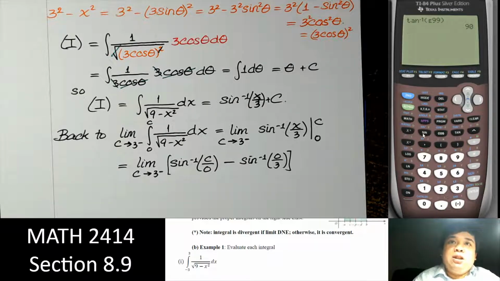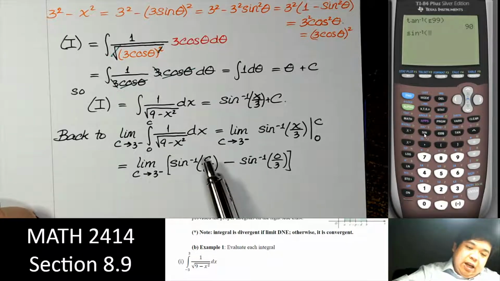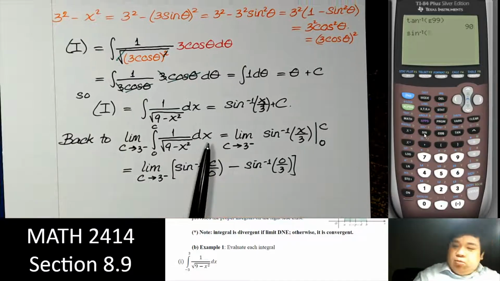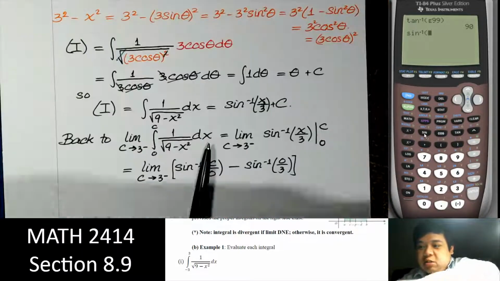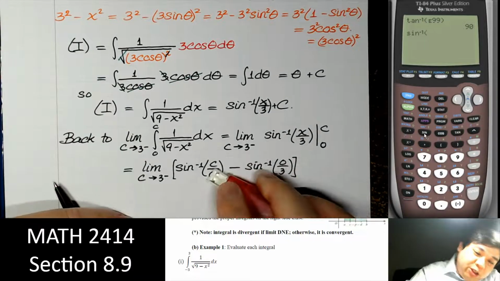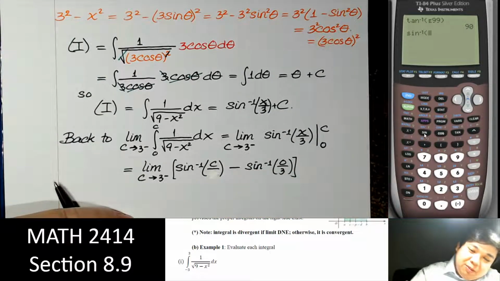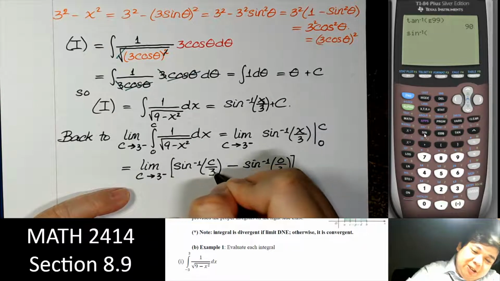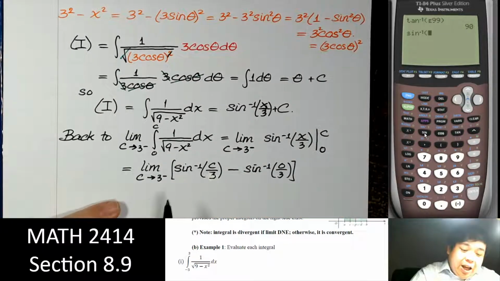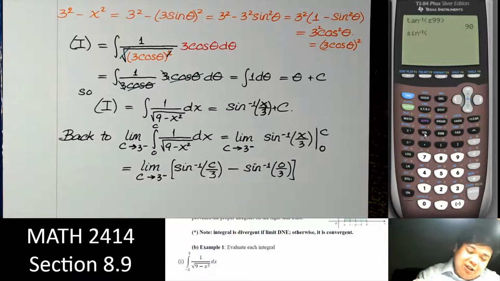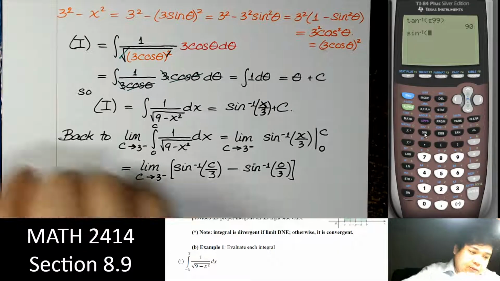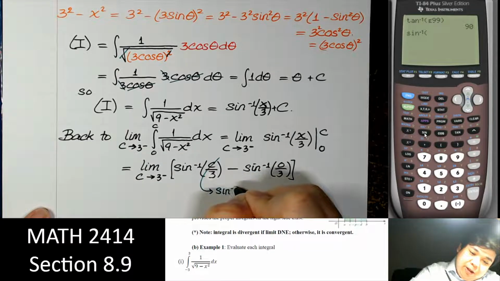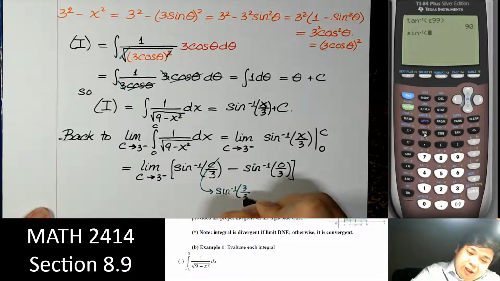Sine inverse. If we put 3 in here, sine inverse of 3 over 3.